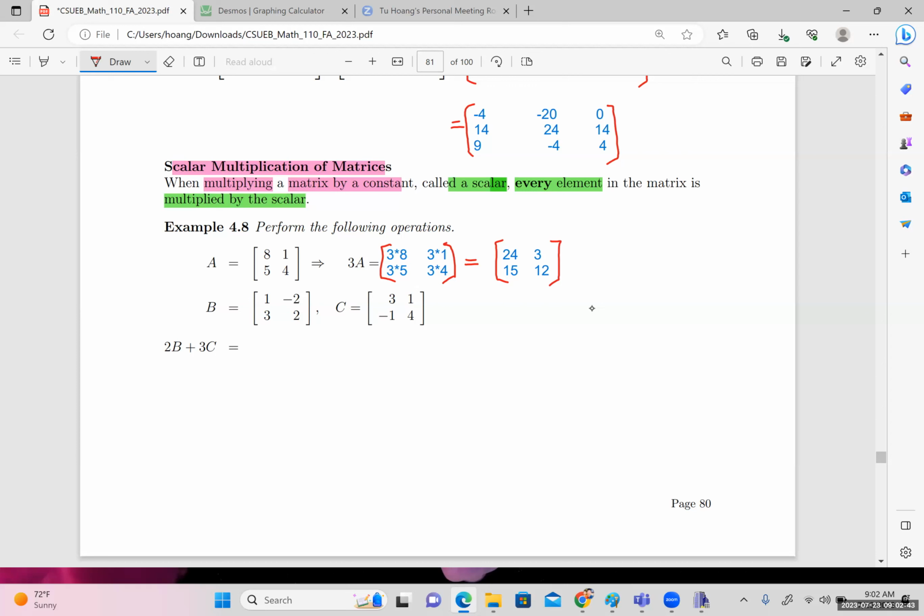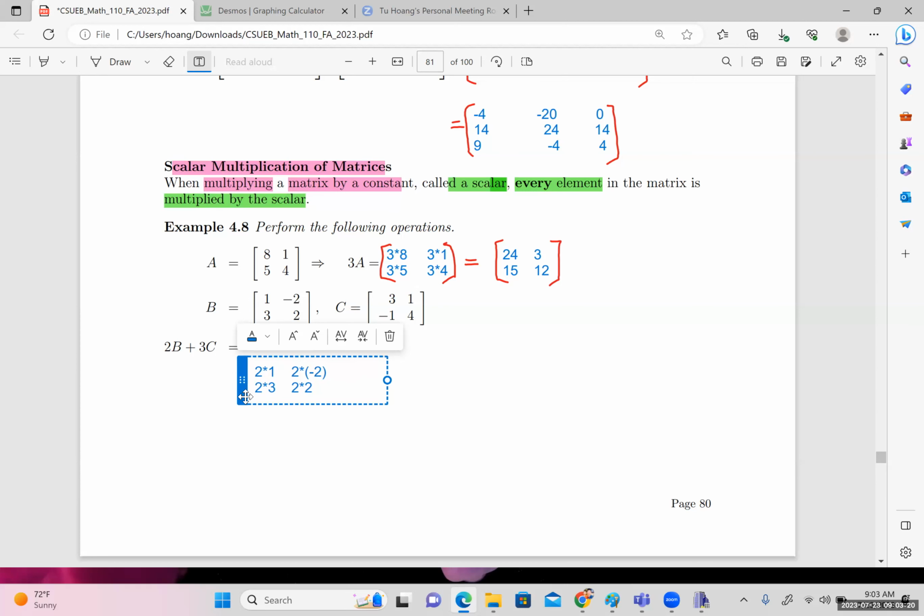Okay, so let's have 2B. 2B will be 2 times 1 with 2 times -2. And then we have 2 times 3 with 2 times 2, right?